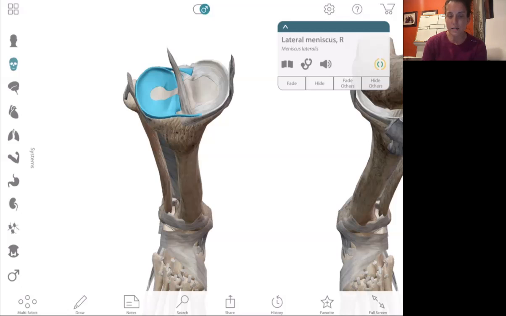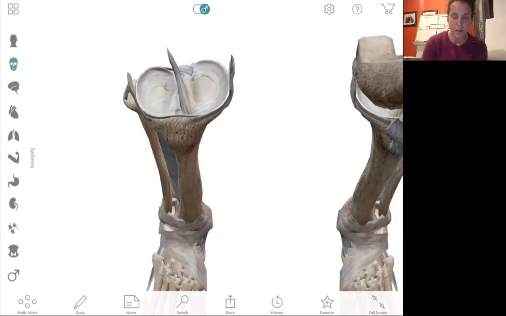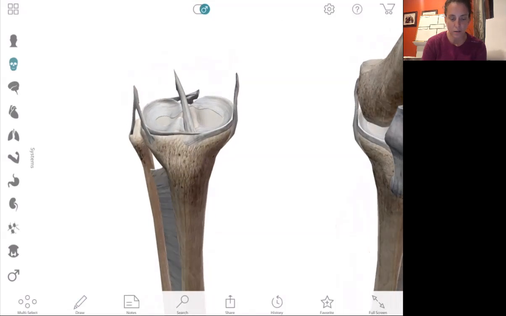If it's in the white zone, which is usually in this area here, the inside doesn't get good blood flow, so it's not going to heal well. So lots of times they'll just do a meniscectomy and take a piece of that meniscus out. Those are the bones, the ligaments, and then obviously the meniscus of the knee.